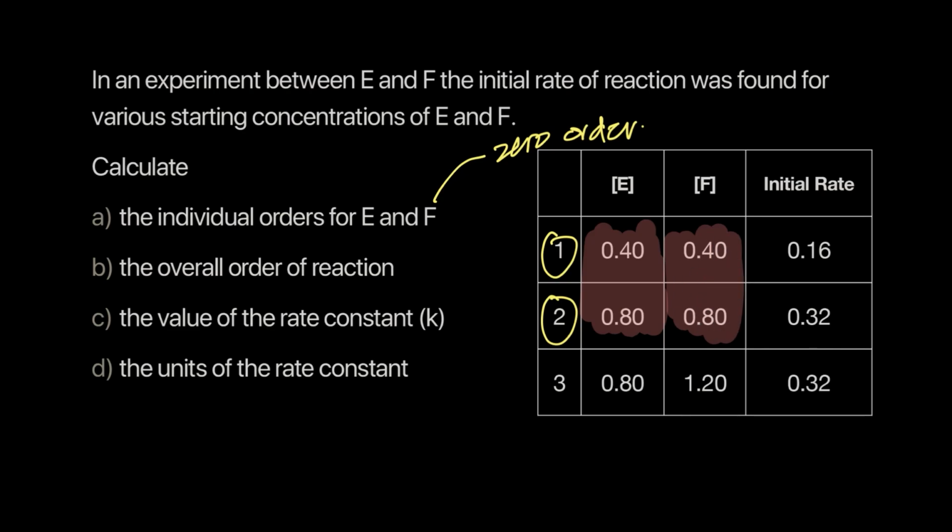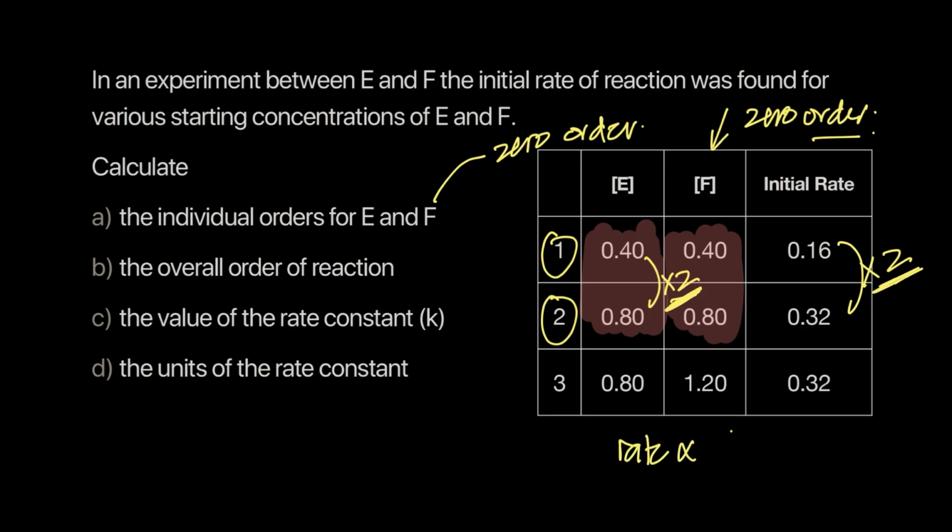What that tells me is that the only thing that's going to affect rate in 1 and 2 is doubling E. And if I double E and the rate doubles, that's a first order relationship. And we can only make this claim because we've discovered that F is 0 order.